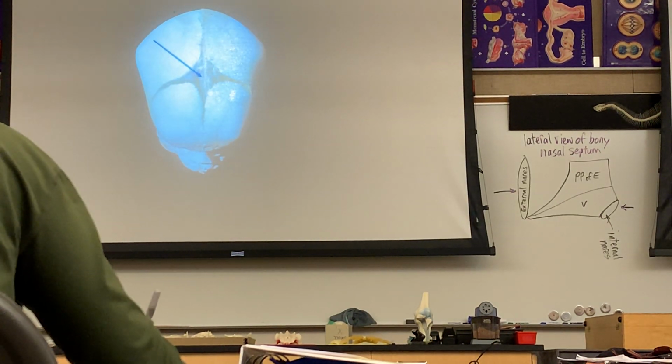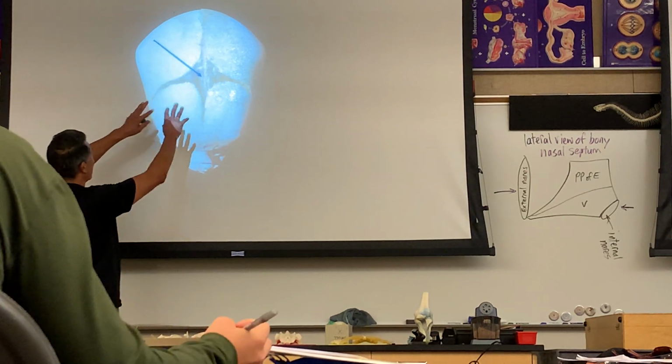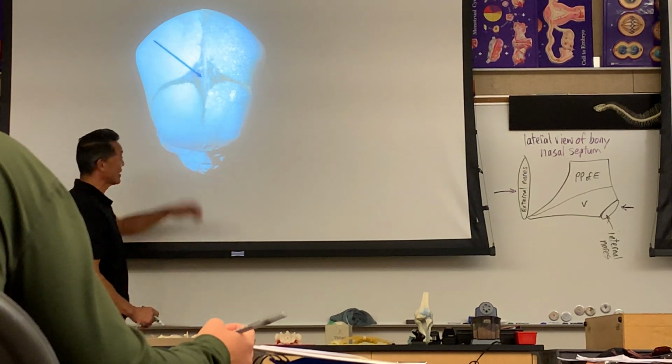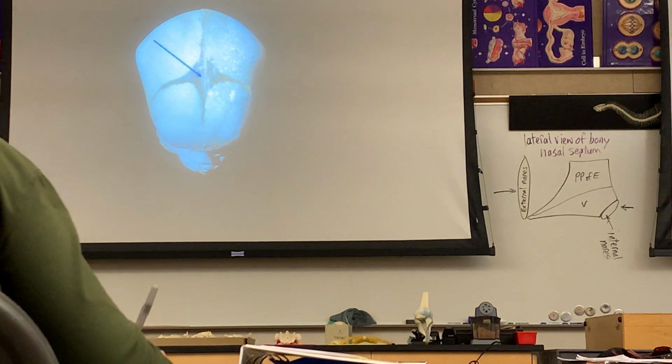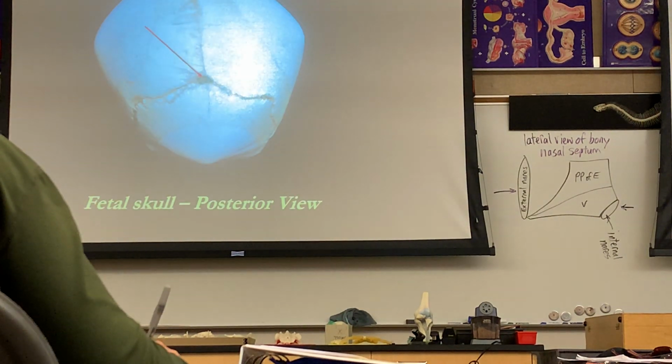There it is on top. You can see how these plates are just radiating circles, aren't they? And in the corners, it can't be bone yet. That's also the anterior. This is the posterior fontanelle.